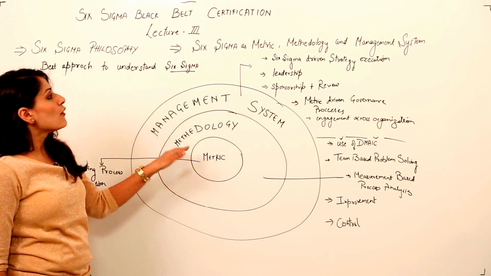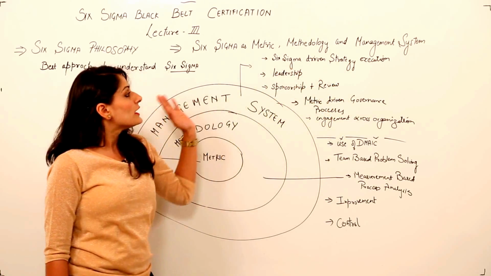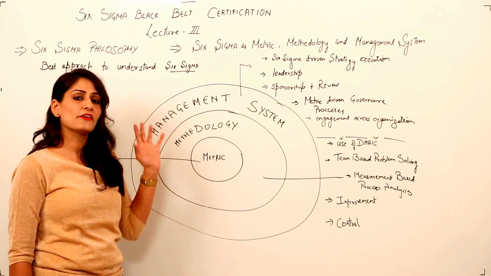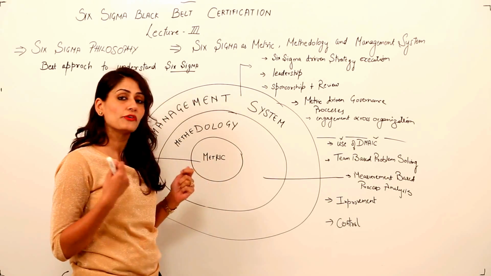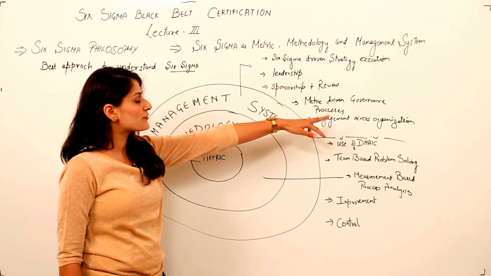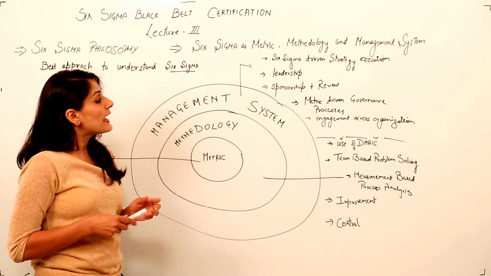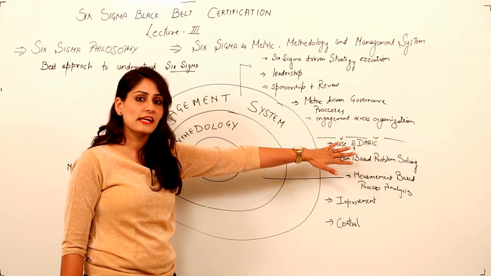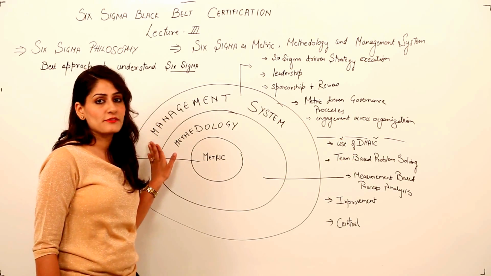And finally, when we take Six Sigma as Six Sigma driven strategy execution, leadership, sponsorship and review, because all Six Sigma projects need a good sponsor and they should be reviewed properly, metric driven governance processes are in place, and the most important, engagement across the organization, then we talk of Six Sigma as a management system.